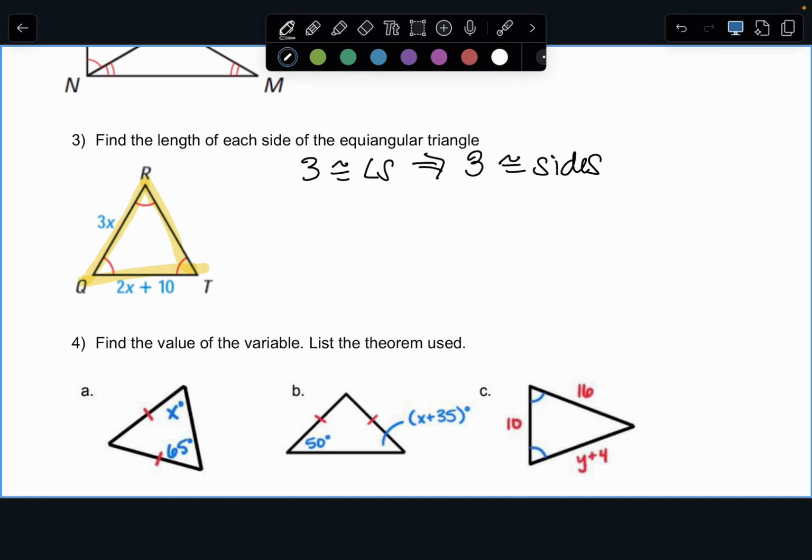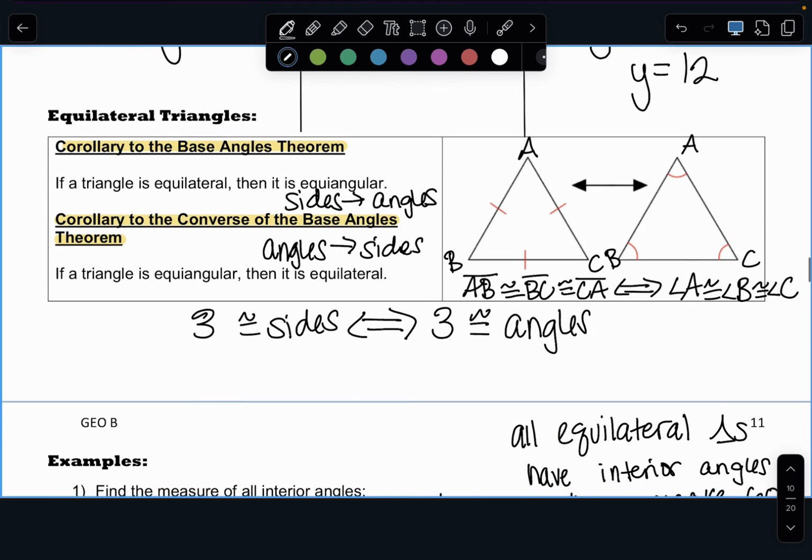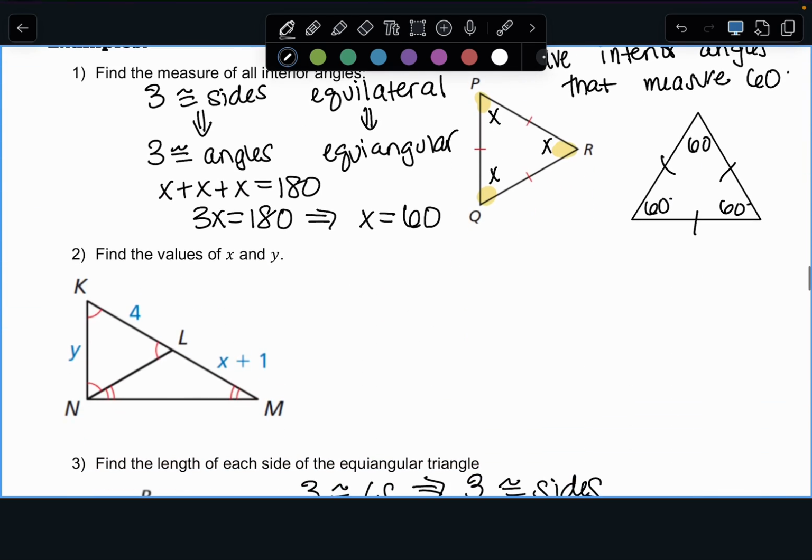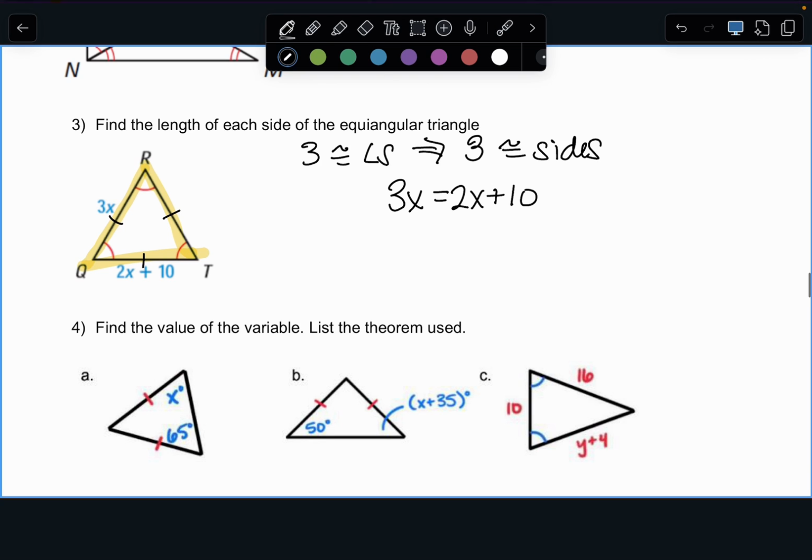Set them equal. 3x is equal to 2x plus 10. And again, we're doing this because we're using this theorem right here. If a triangle is equiangular, then it's equilateral. So that's the corollary to the converse of the base angles theorem.